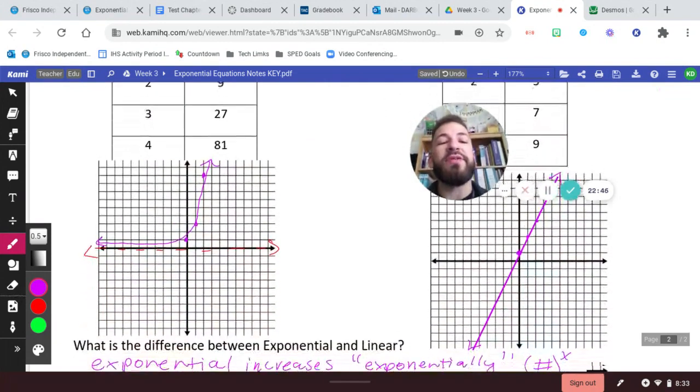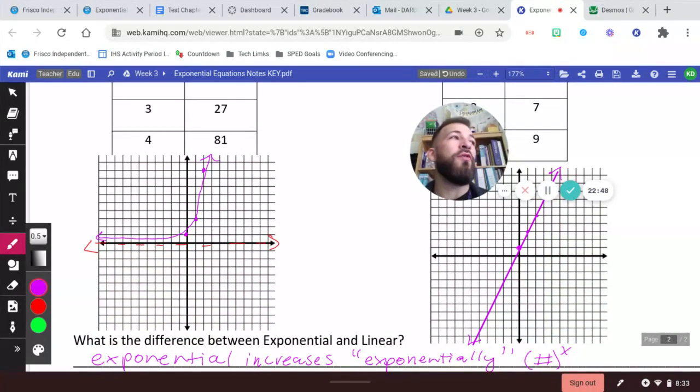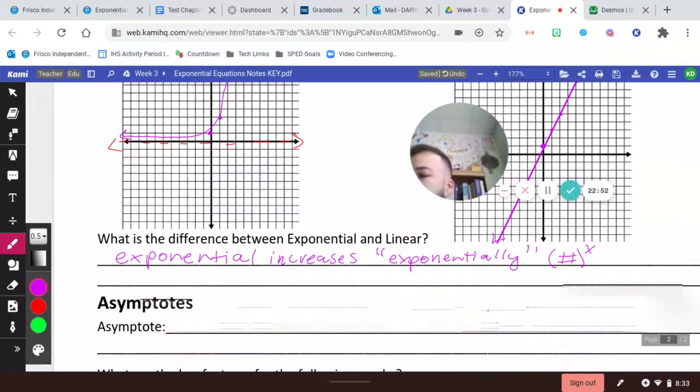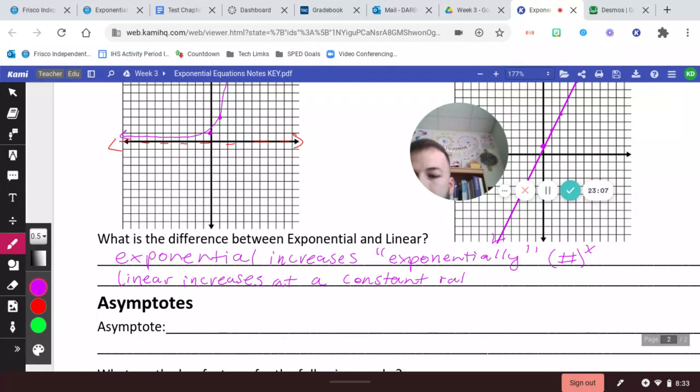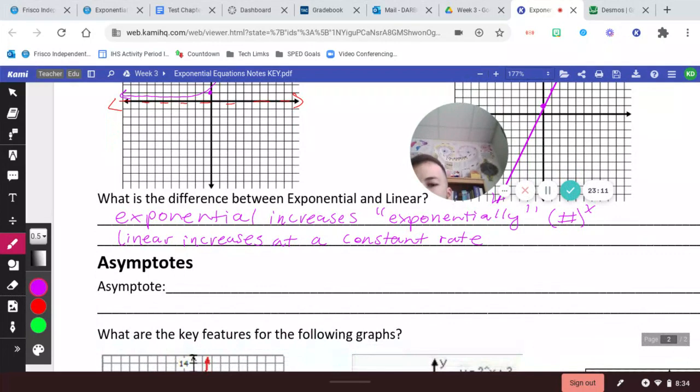So we're always increasing by that 2 over 1. 2 up for every 1 x value. So linear increases at a constant rate. So constant goes with linear.